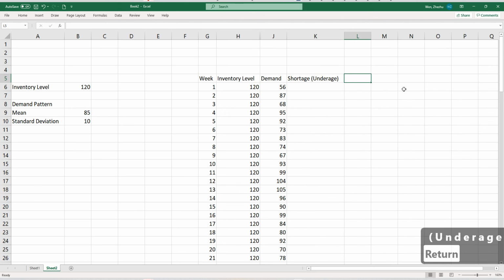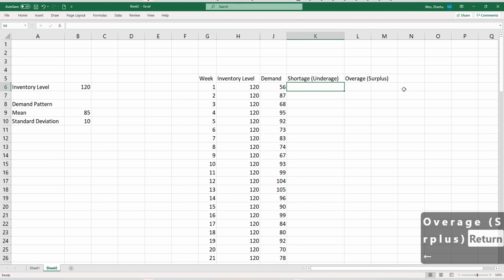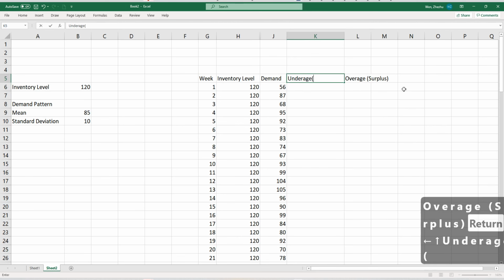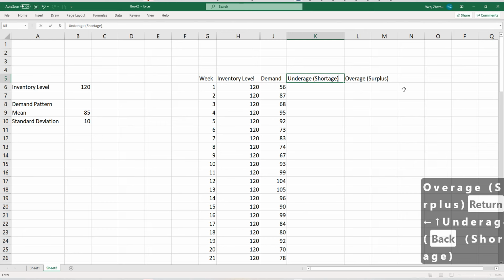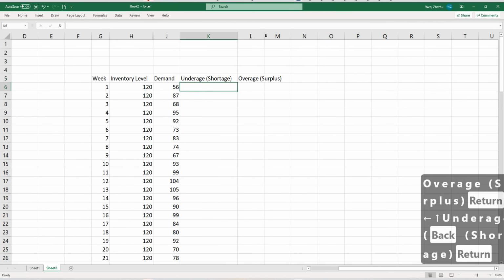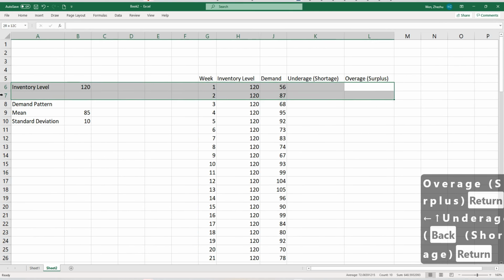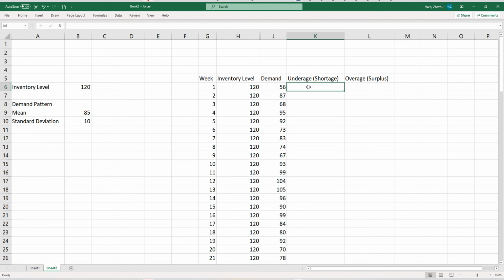And then here is going to be overage or surplus. Okay, let me change it. All right, so you'll be likely to come up with underage quantity or overage quantity. You'll see that they'll only occur one of two, not both.